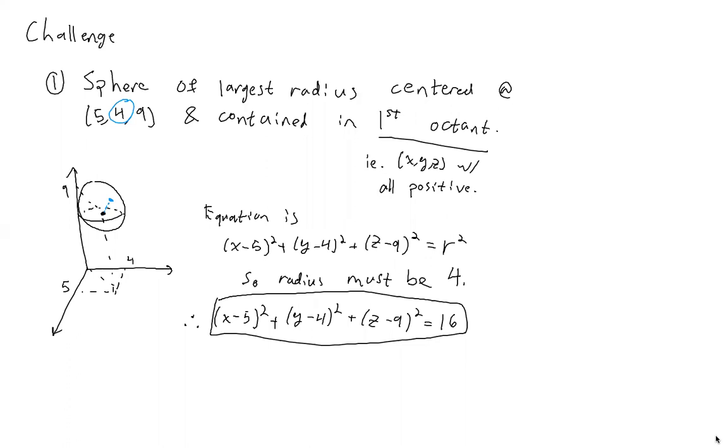Okay. Here's the second problem. The second problem involves the curve. And the curve that we're given is y equals 2 sine x. We're going to do some calculus here.